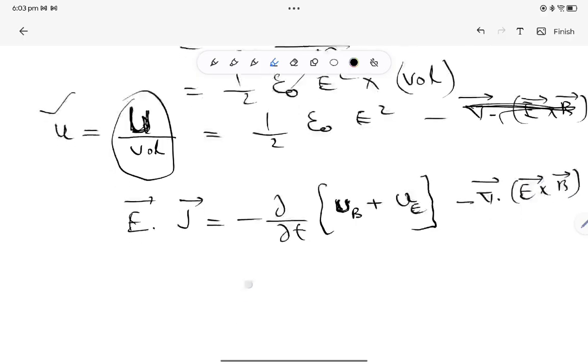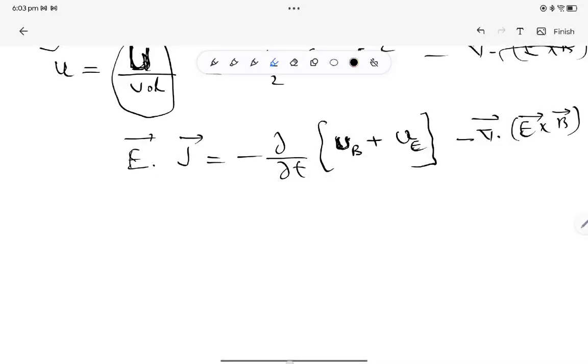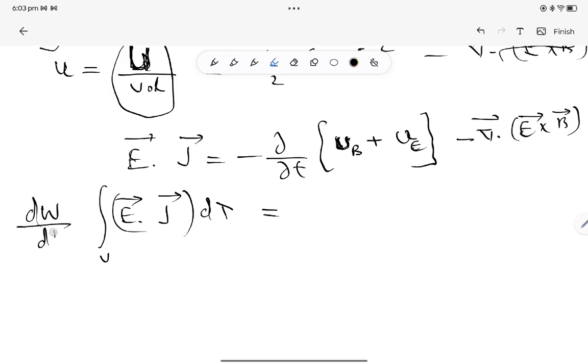Now, the total power delivered to the charges in the given volume is, we simply take the volume integral of E dot J d tau. This is the total work done, the rate at which work is done per second.